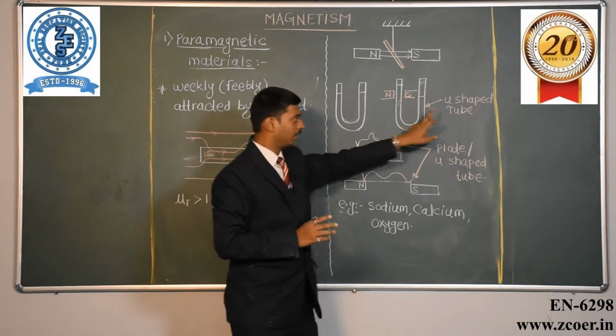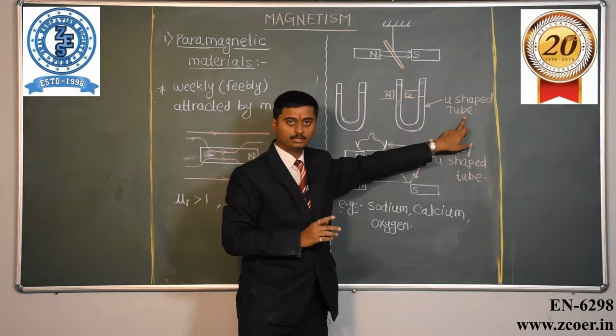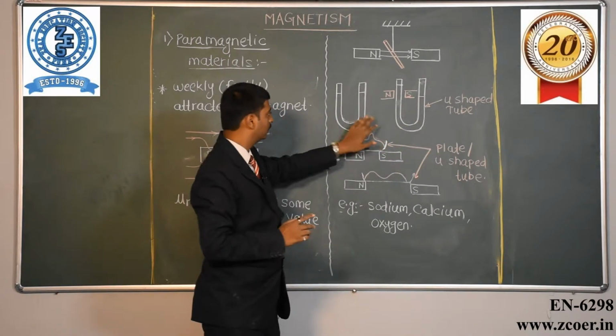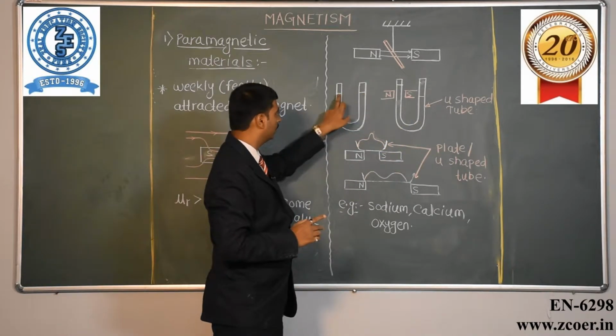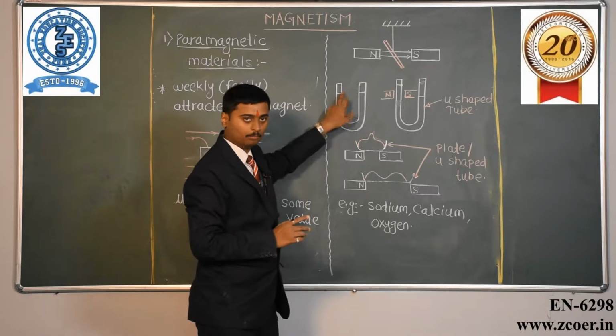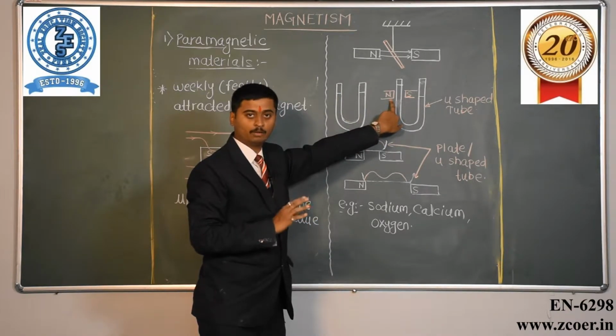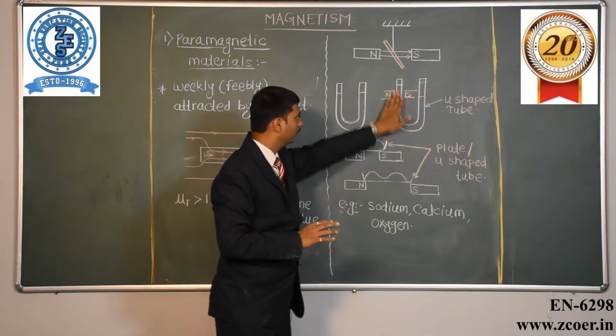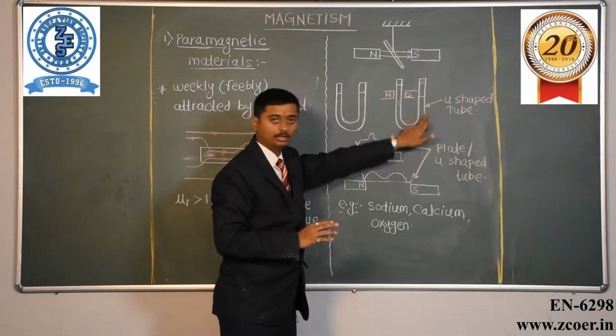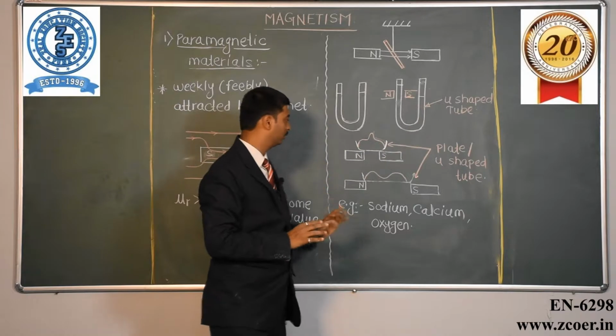Second case, consider again a U-shaped tube. Whenever no field is applied, the level will be the same. But as soon as a field is applied to one end, as they like the presence of a magnetic field, it will increase, whereas the other will decrease, moving in the downward direction.